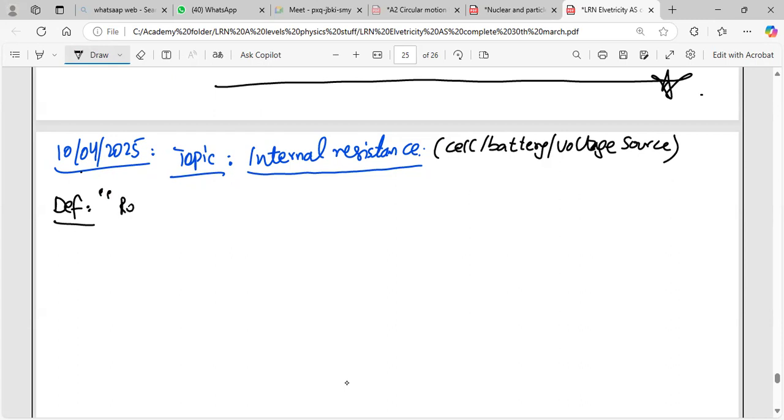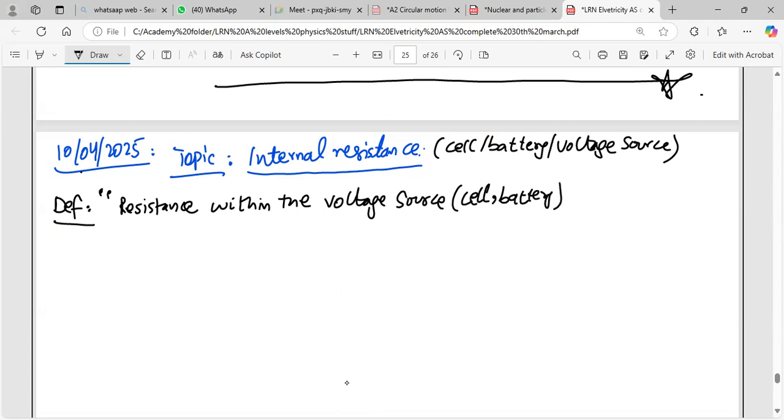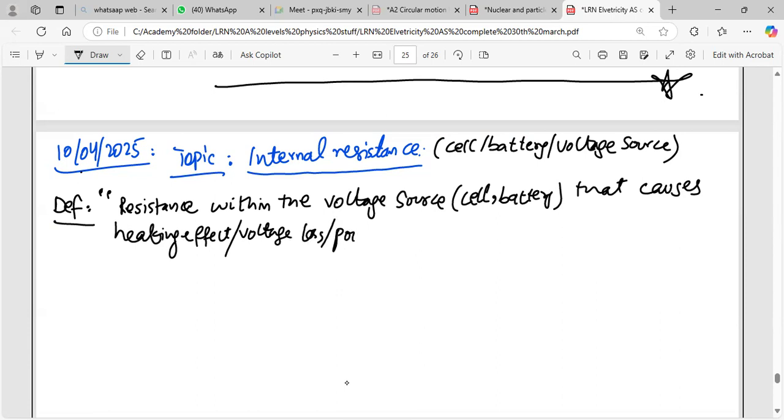Internal resistance is the resistance within the voltage source, and a voltage source can be a cell or battery, that causes heating effect or voltage loss or power loss within the battery.